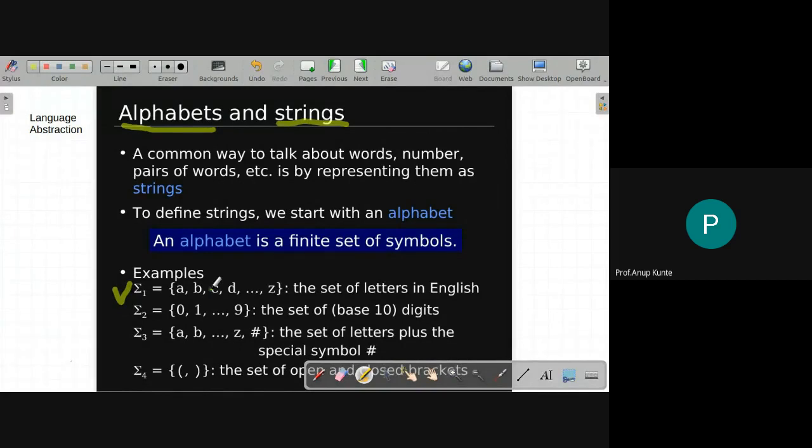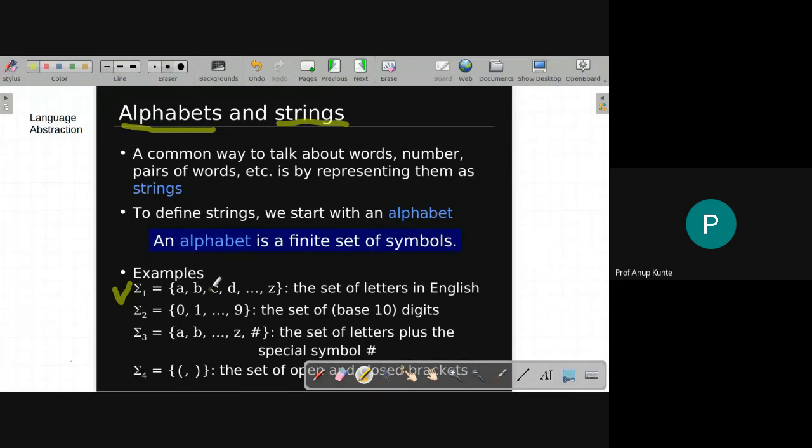Similarly, in your native mother tongue, there will be some particular set of unique symbols. If it is based on Devanagari, that is, you might be Maharashtrian or Hindi speaking, then you have Devanagari alphabets. So these alphabets are symbols using which I can represent any valid word in the given language.